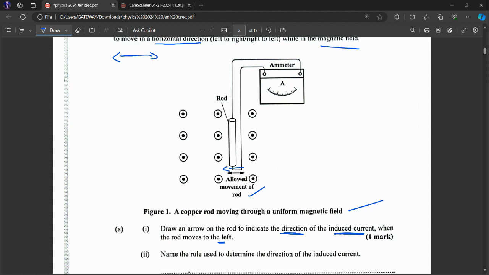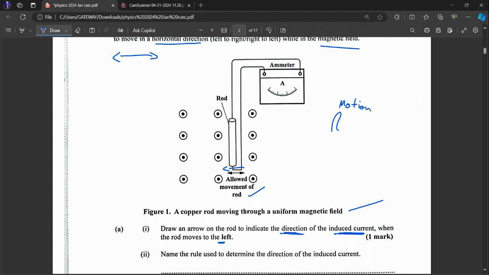So you can use Fleming's right-hand rule in this case. Fleming's right-hand rule is used for induced current or generator. The thumb would be the motion. In this case, it's to the left.